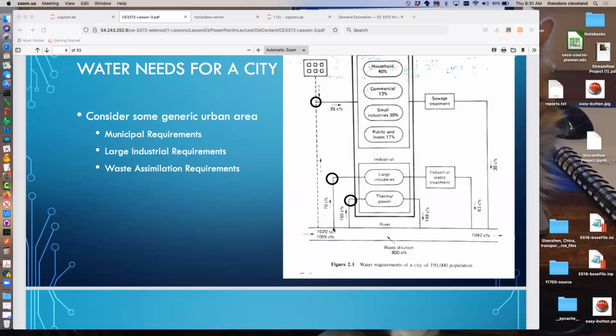And this diagram is also showing a portion of 70 cubic feet per second going to large industries, industrial waste treatment. The flow diagram is wrong. After it goes through industrial waste, it usually goes through a municipal thing and then goes on out to it. And then this particular community is using up 150 cubic feet per second.